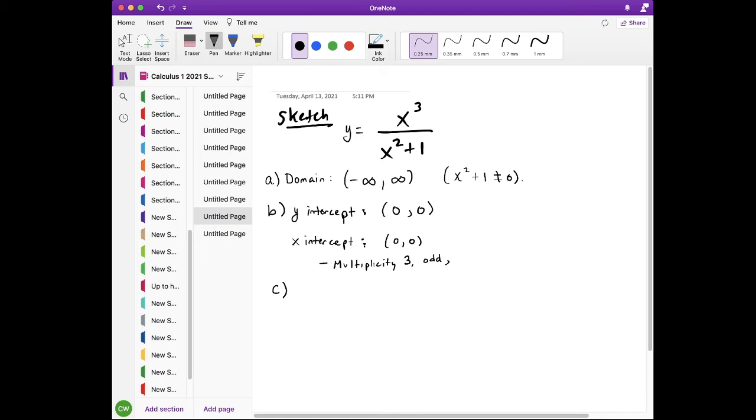If the multiplicity is odd, what does that tell you about the shape? It's asking what happens at the x-intercept. There's two things that can happen: it could either touch it and then go away, or bounce, or it can cross into the other half of the plane. When the multiplicity is odd, it passes through. If even, it would touch.